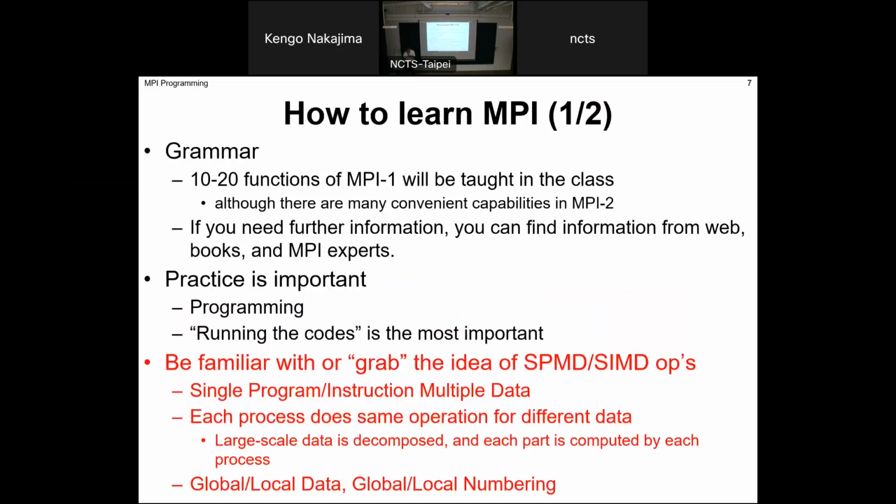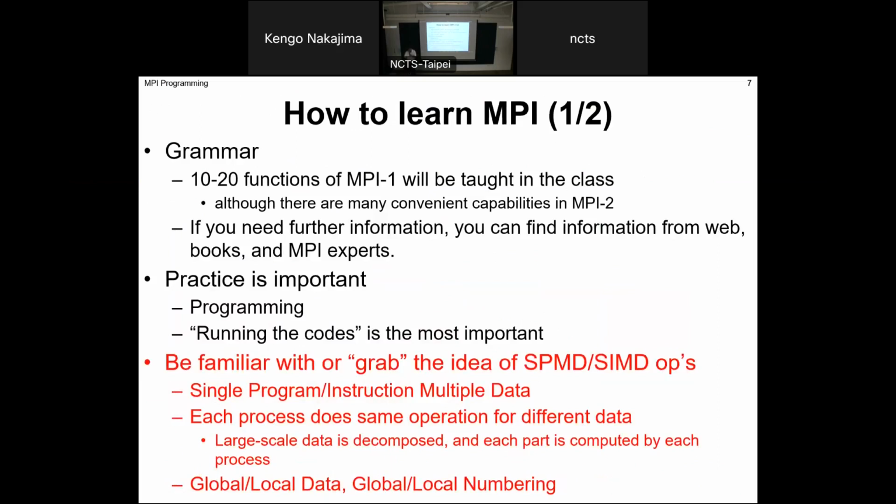Single program and multiple data: each process does the same operations for different data. Large scale data is decomposed, and each part is completed by each process. There are global data and local data, and global numbering and local numbering.